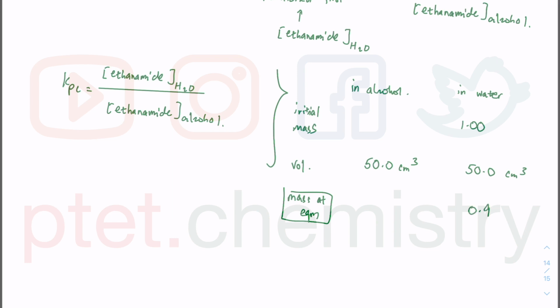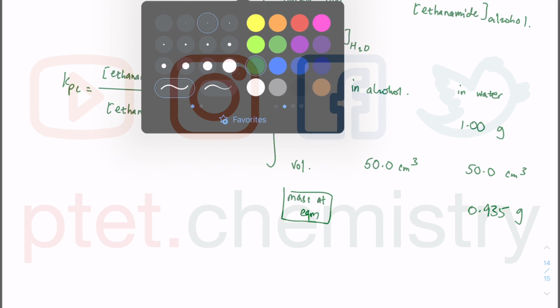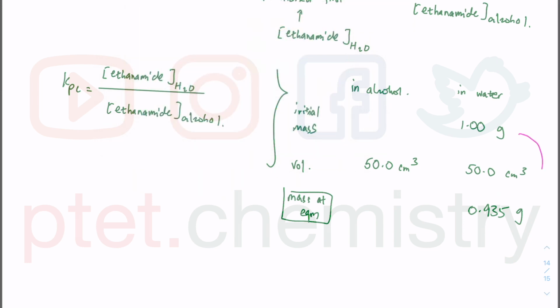Initially you have 1 gram, but after you shake it with alcohol, some of it has gone into the alcohol. So the difference between the masses is what has gone into the alcohol, and that's 0.065 gram.